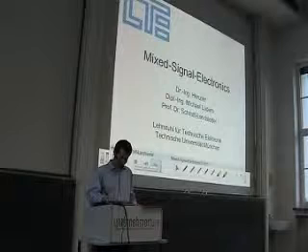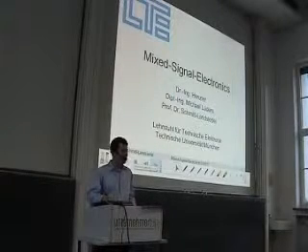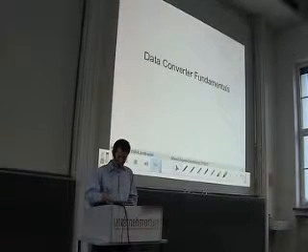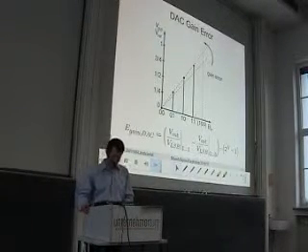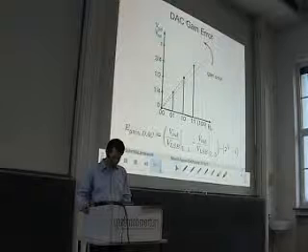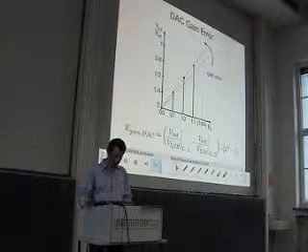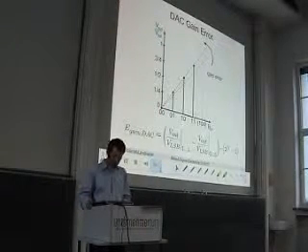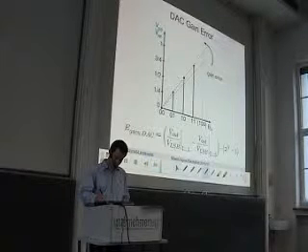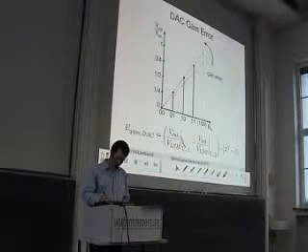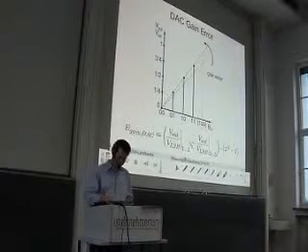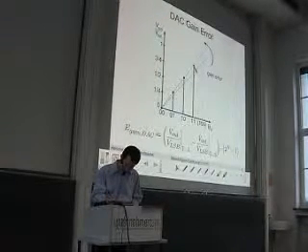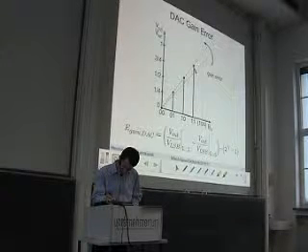Before we start with the second part of the data converter fundamentals, I have to make a correction on a slide from last week. This is the definition of the DAC gain error, and what you see here is the output voltage normalized to the VLSB for all input bits set to 1. So this is this value.